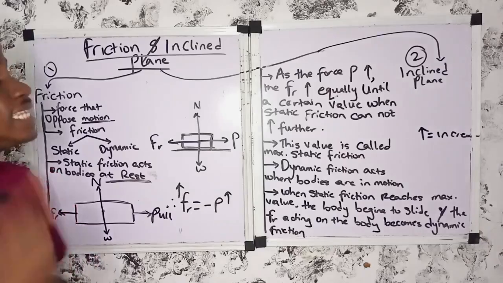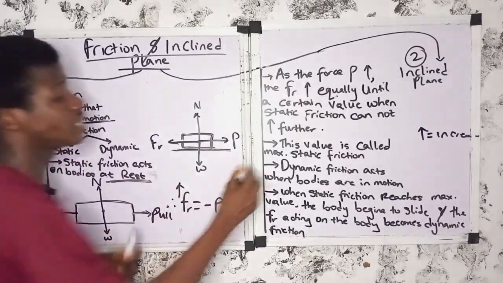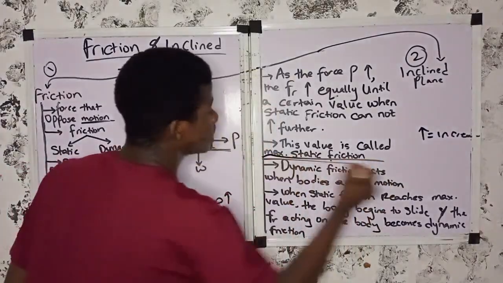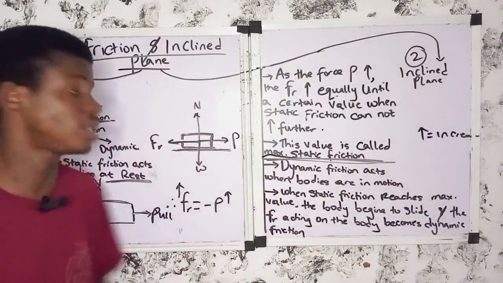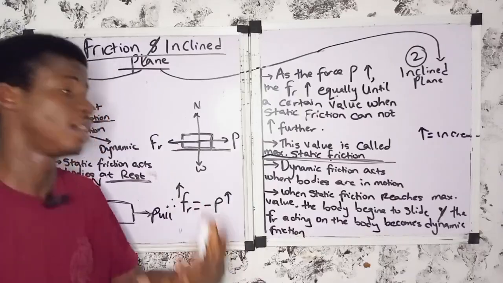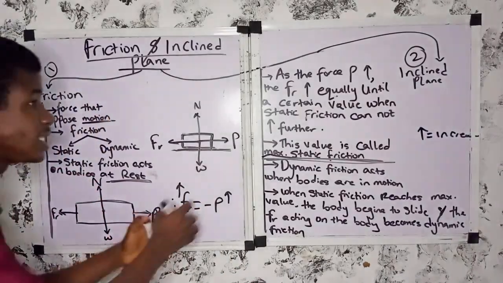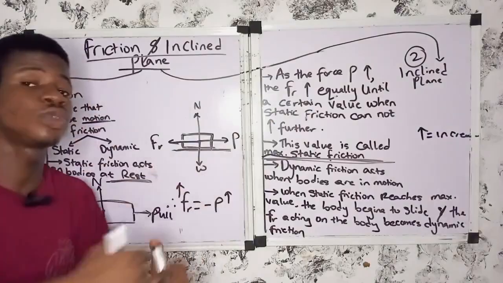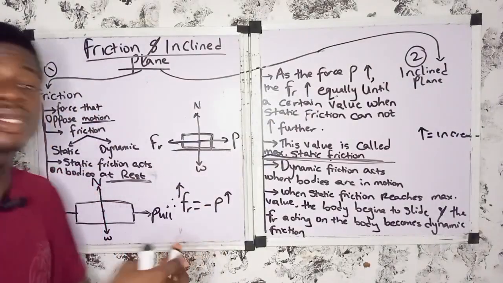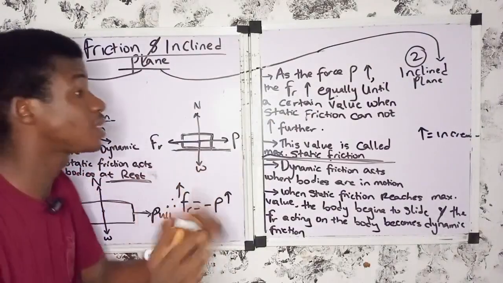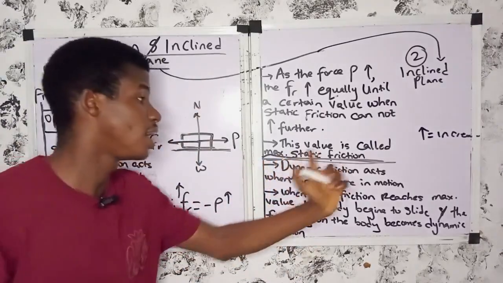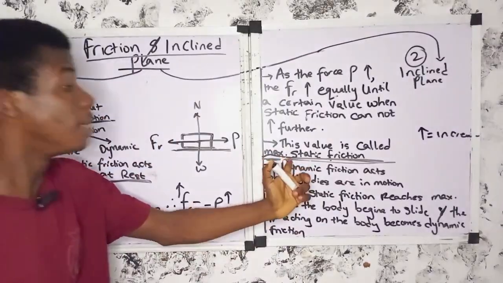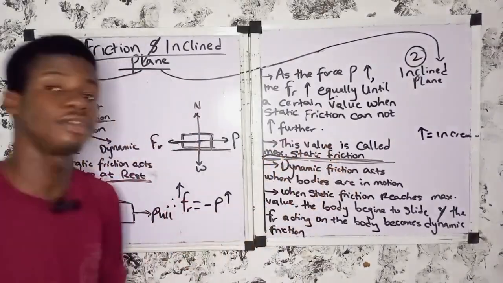That value is known as maximum static friction. When the static friction gets to that value, beyond it the static friction cannot increase. This value is known as maximum static friction.